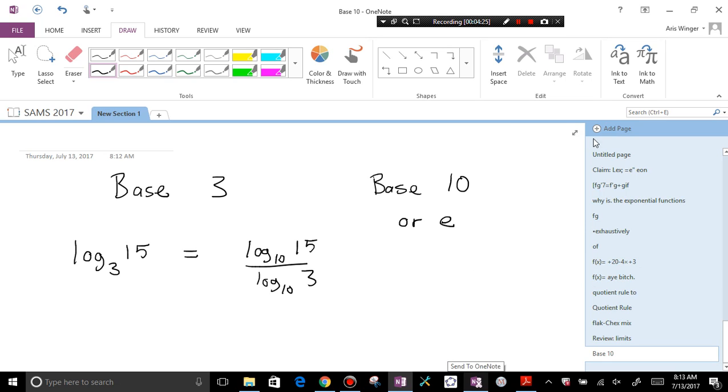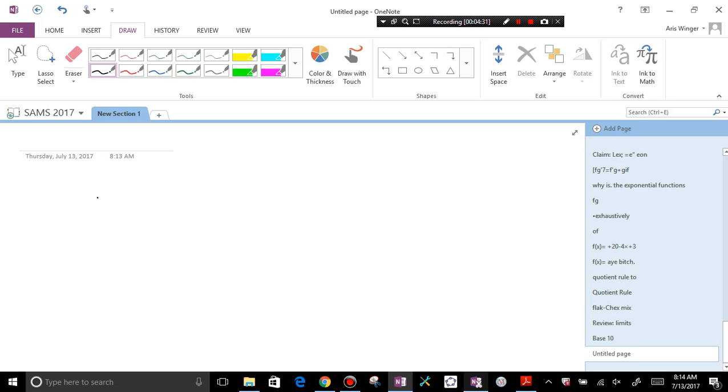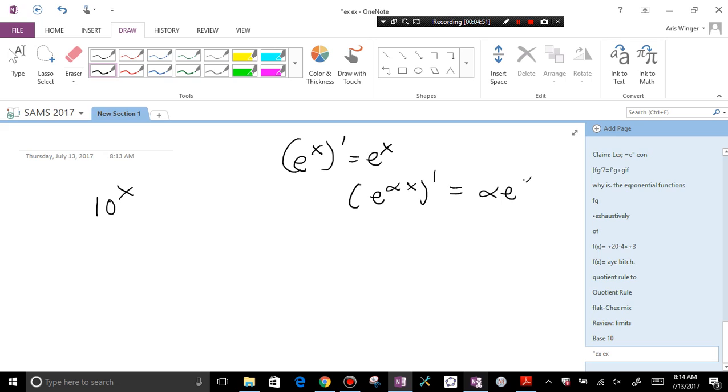I bring this up only because we should not be afraid then to talk about the derivative of 10 to the x. So last time we demonstrated that the derivative of e to the x is e to the x. We made a pretty good argument, not a proof, I'll prove this later, that the derivative of e to the alpha x is alpha e to the alpha x.